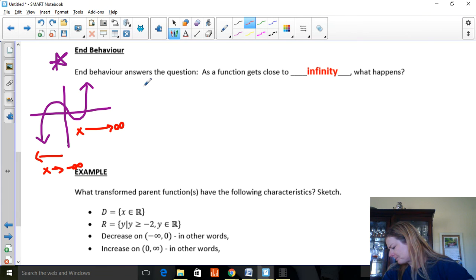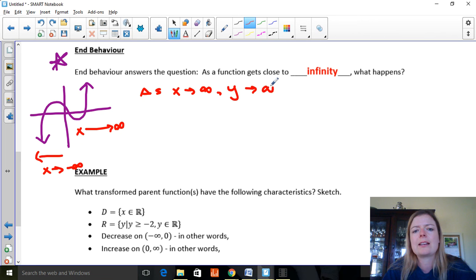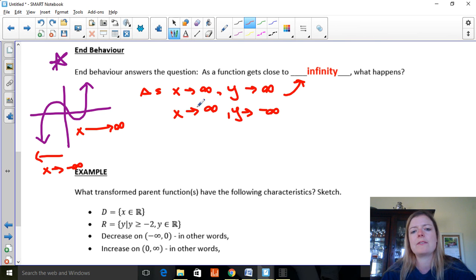So if we say as x approaches infinity, y approaches infinity, that means basically at the end it's going up, okay? So going to the right, it's going up. If we say as x approaches infinity, y is approaching negative infinity, that means it's going down in that direction, okay?